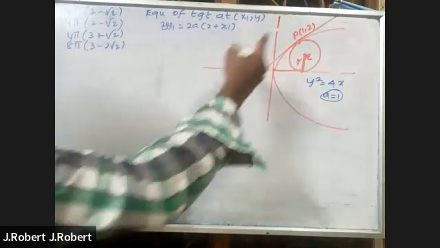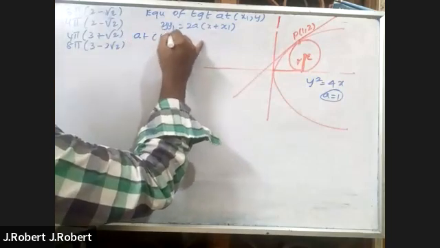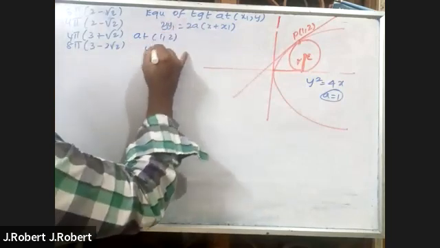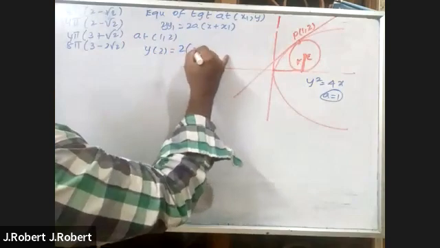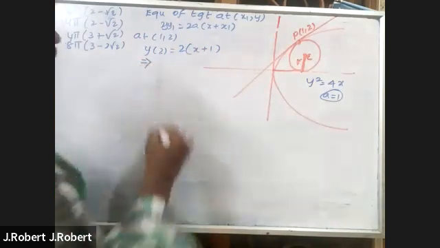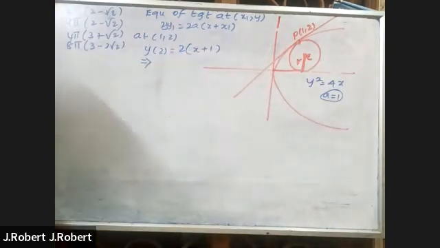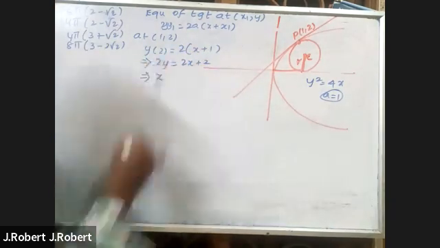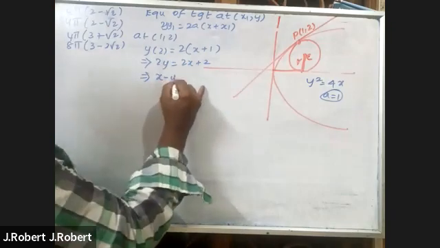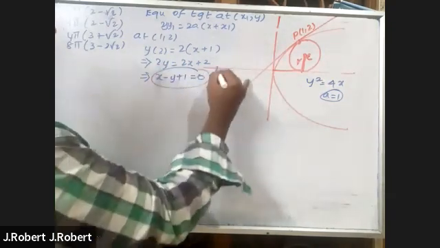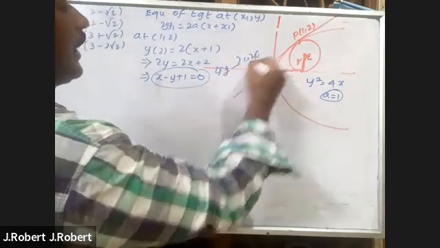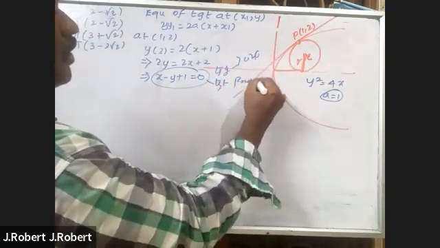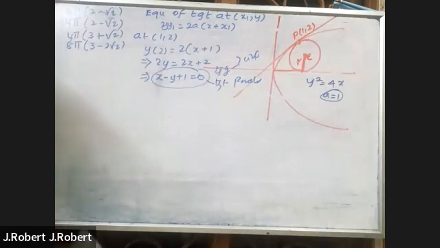It passes through (1, 2), so 2y equals 2 into x plus 1. Simplifying, 2y equals 2x plus 2, so we get x minus y plus 1 equals 0. This is the tangent to the circle and also to the parabola, because it is the common tangent. Now keeping this separately, I will find the equation of the circle.